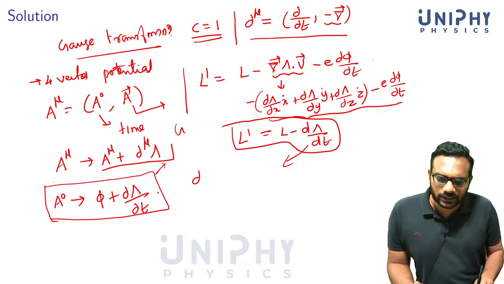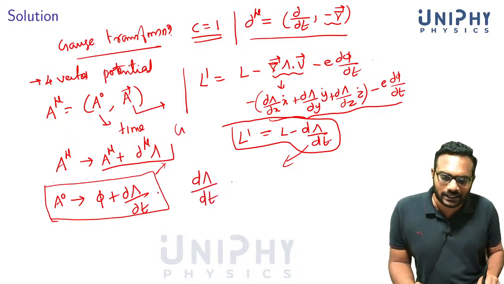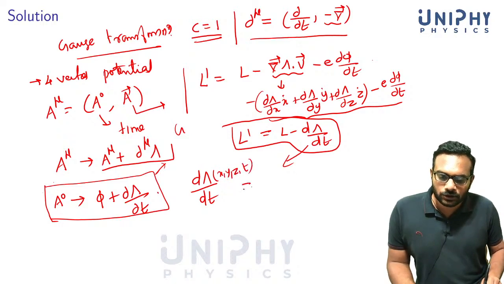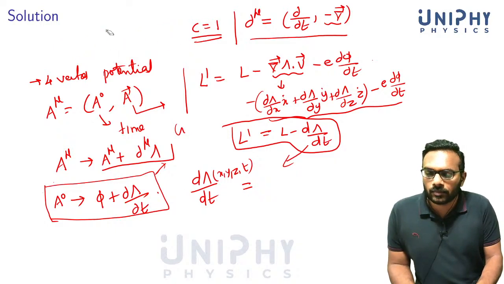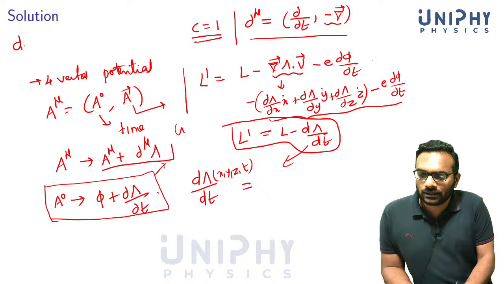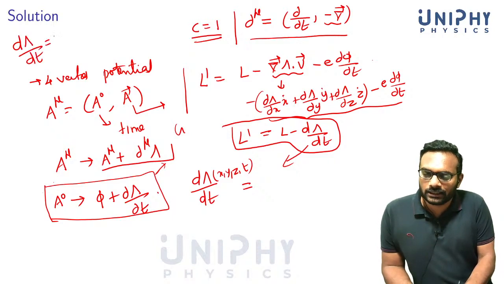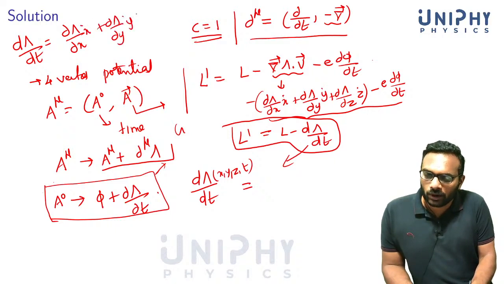Now, if you are not very clear about this, you can just check what is dλ/dt. We know that this is a function of x, y, z and t. Okay. So, you know that dλ/dt is equal to, I will write it here. You can just check, dλ/dt is equal to ∂λ/∂x times x dot, plus ∂λ/∂y times y dot, plus ∂λ/∂z times z dot.